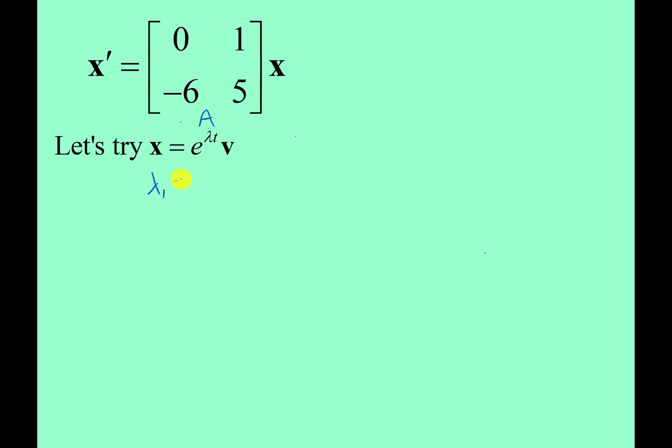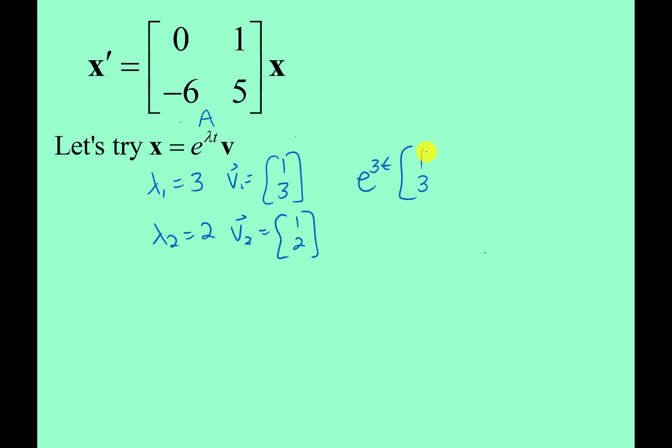They were 3 with the corresponding eigenvector of 1, 3, and the other one was 2 with the corresponding eigenvector of 1, 2. So what if we tried taking e to the eigenvalue t multiplied by the eigenvector? Let's see if that's a solution.